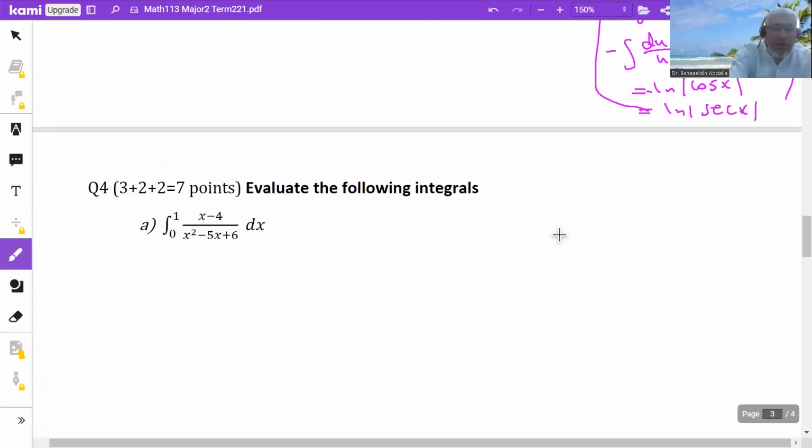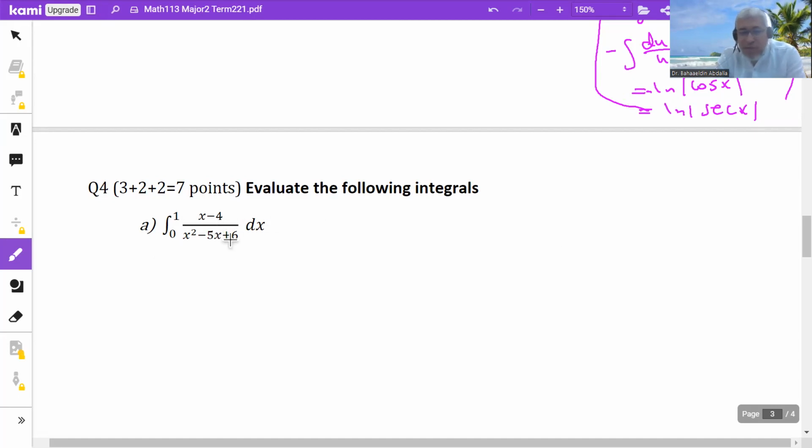Evaluate this integral. Well, what do we have here? We have a rational function, and the derivative of the denominator is 2x minus 5. We don't have 2x minus 5 up, and we can manipulate here to have 2x minus 5, but it will not solve the integral.